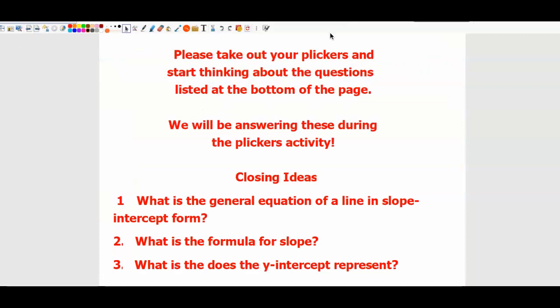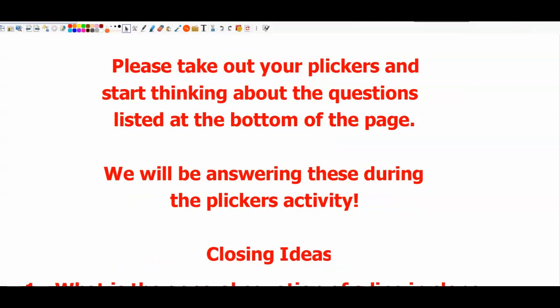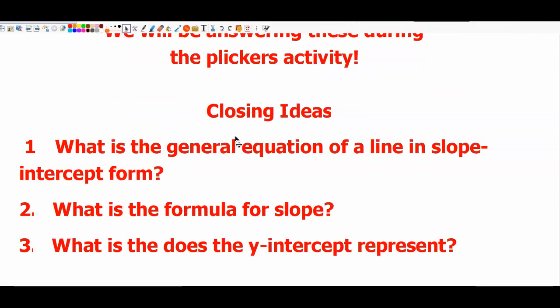So just to sum it all back up, what is the general equation of a line in slope intercept form? That's y equals mx plus b. What is the formula for slope?